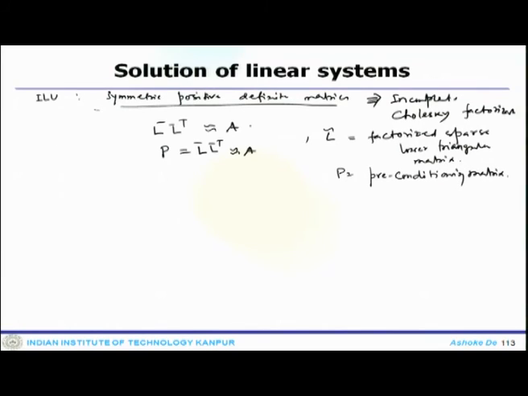Now, that is for a very specific case if you have symmetric positive definite matrices.